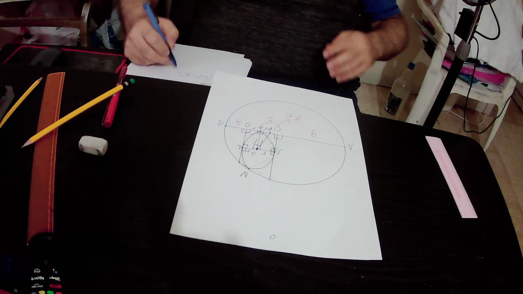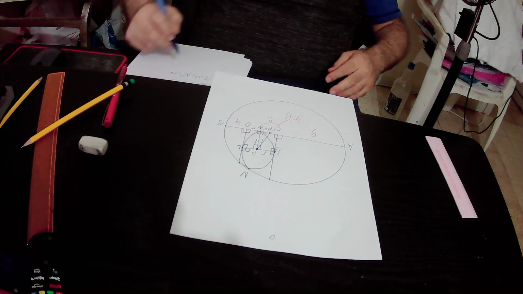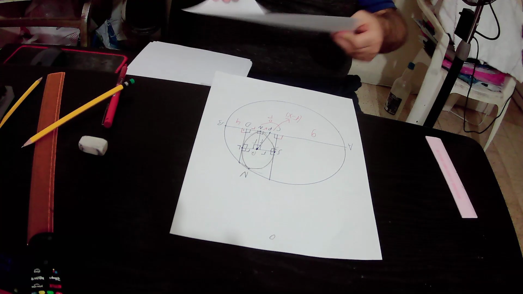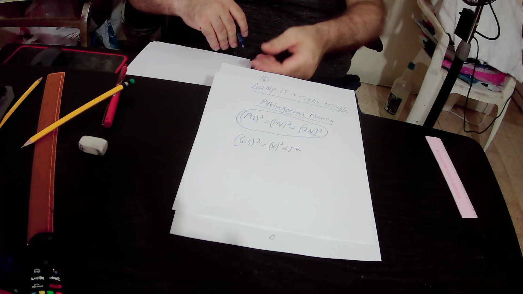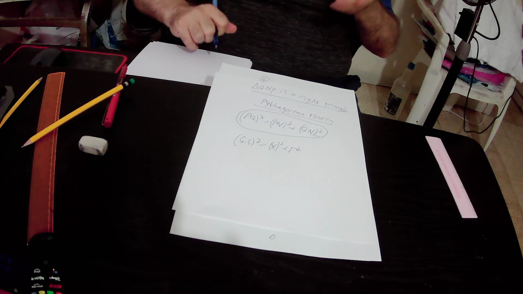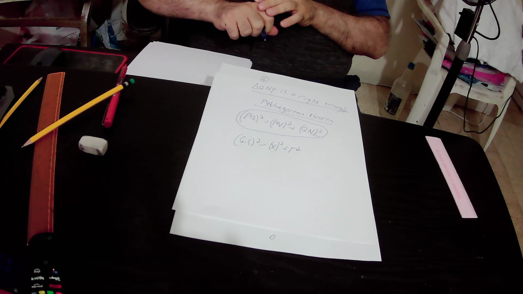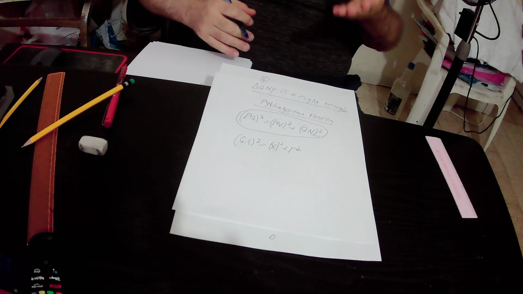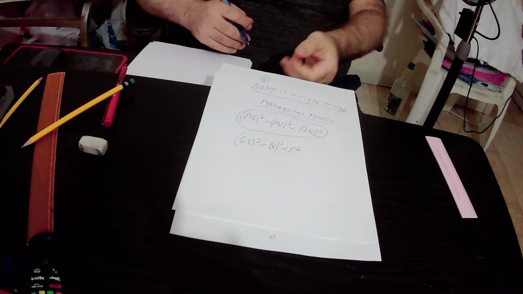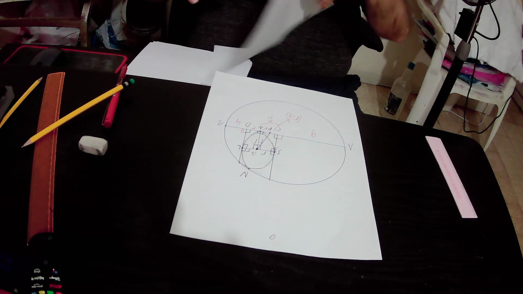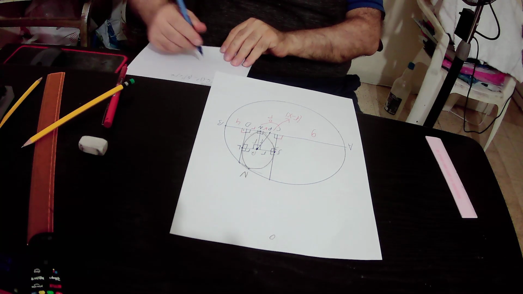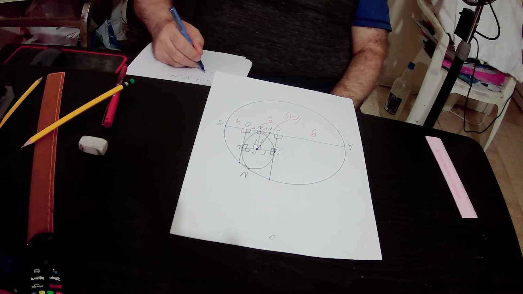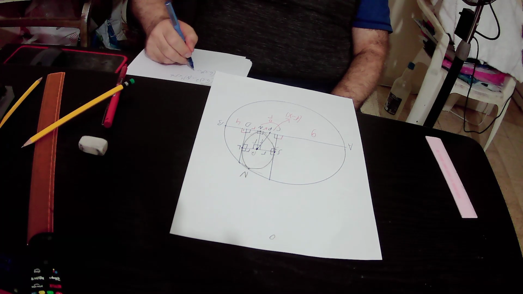So we got the equality that states that 6.5 square equals X square plus R square. And we have already found out that X equals 2.5. Okay, so I write it down. We got that 6.5 square equals 2.5 square plus r squared.